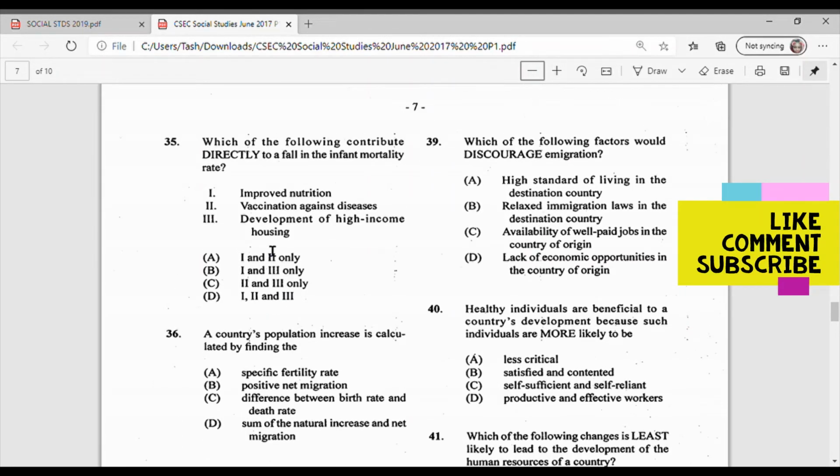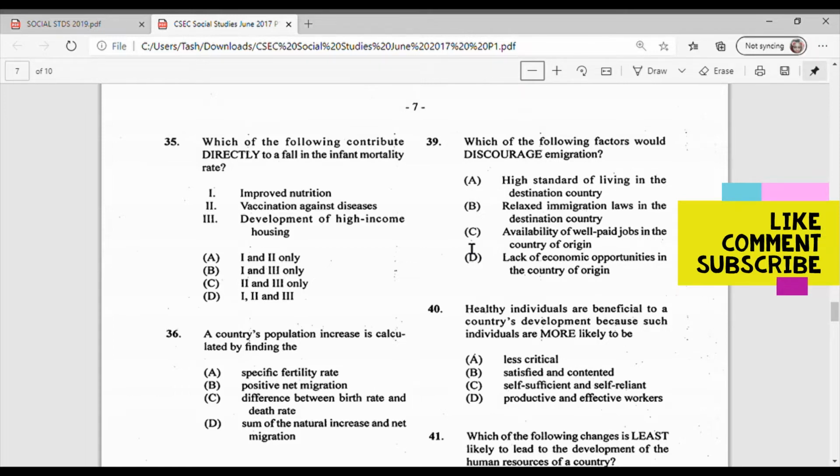39. Which of the following factors would discourage emigration? So emigration is when you leave your home country, and it is saying which one of the factors would discourage, which would mean which one of the factors would cause you to not want to leave your home country. So A, high standard of living in the destination country. No. B, relaxed immigration laws in the destination country.